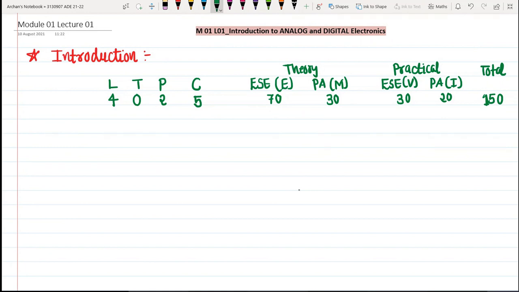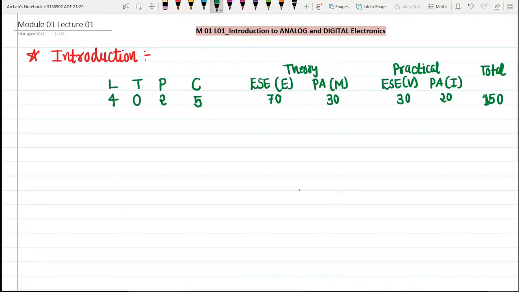As the name suggests, this subject has 2 subjects in it: one is analog electronics and the other is digital electronics. From the syllabus point of view, this entire subject is divided into 6 modules. Out of these 6 modules, 3 will be of analog electronics and another 3 of digital electronics.